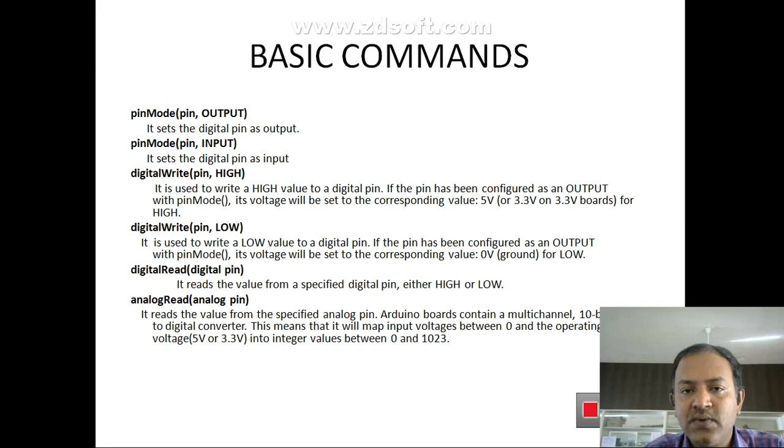Same thing: the first letter is small, and the R and W are capital letters. Use the syntax correctly there.